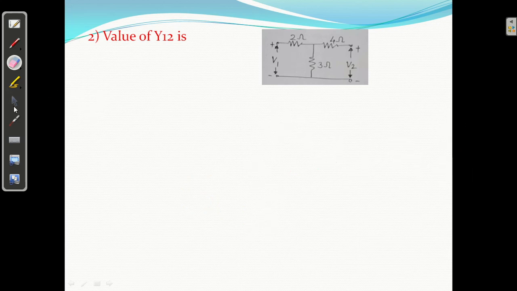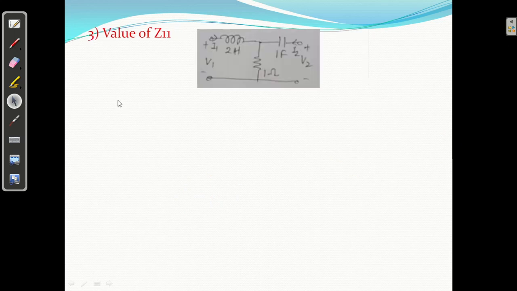Next, question number 3. Find the value of Z11. First we have to draw the transform diagram.